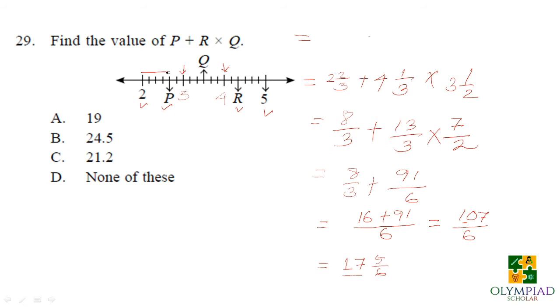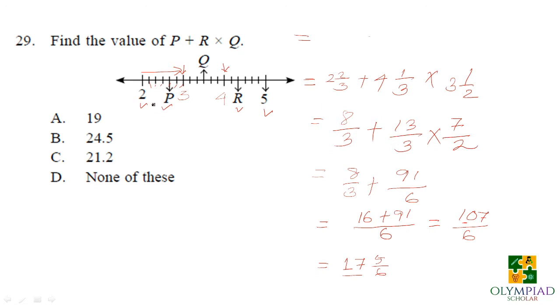You can calculate how many divisions are made from 2 and 3. So here 1, 2, 3, 4, 5, and 6. So there are 6 divisions in between 2 and 3. So this will be like 1 by 6, 2 by 6, 3 by 6, 4 by 6, 5 by 6, and 6 by 6, that is 1. Okay.